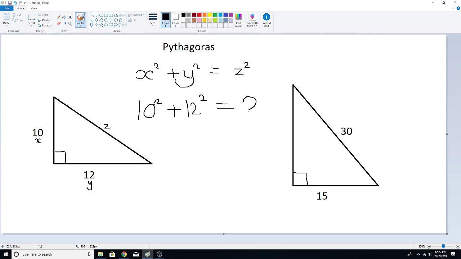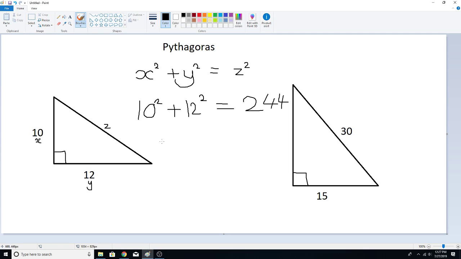But because this is z squared, it means this answer is z times by itself, so we need to square root it.